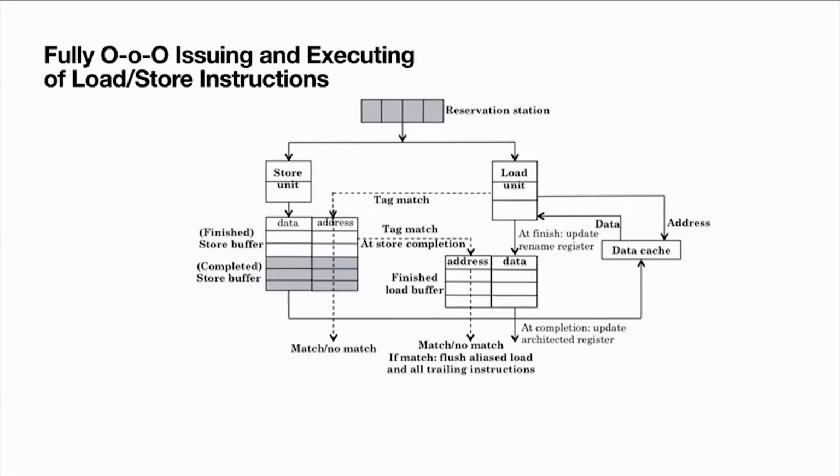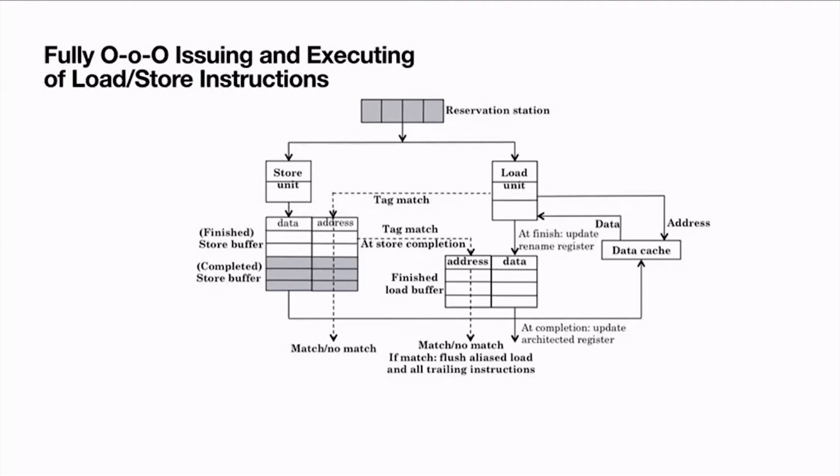Now, at the time of the store completing, the store is coming from a finished store buffer to a complete store buffer, we take the tag of that, and now we search in the finished load buffer. If there is a match, that indicates our earlier load wrongly executed, and we have to fetch that load, and all the subsequent operations which consume this load need to be flushed or replayed.